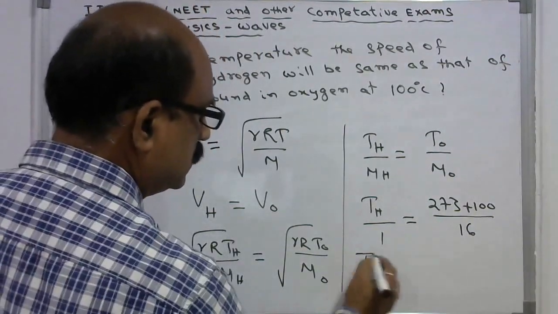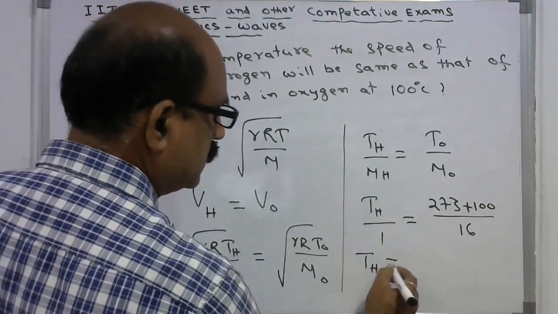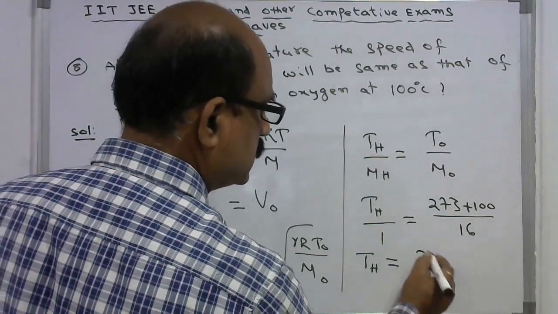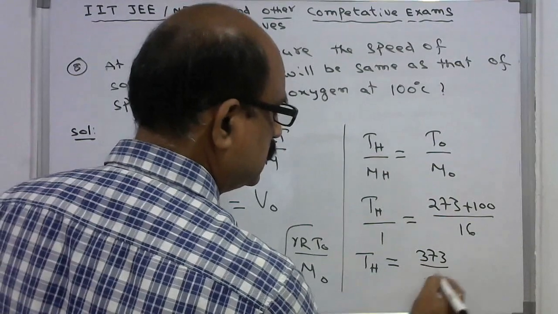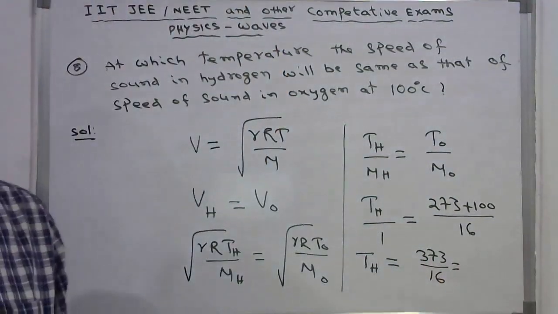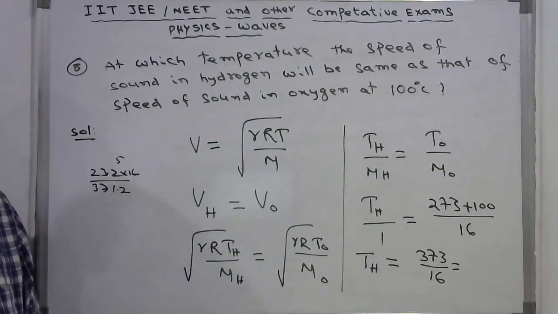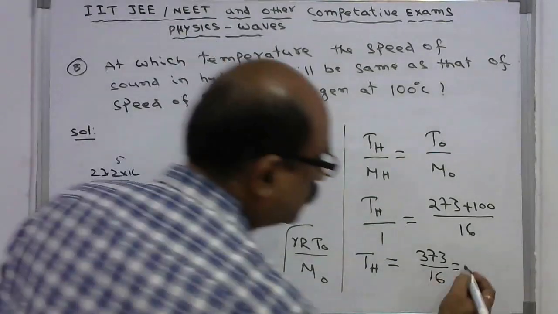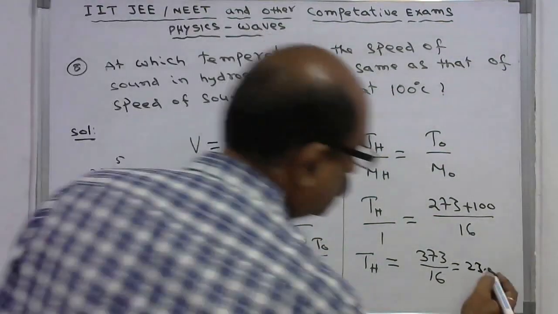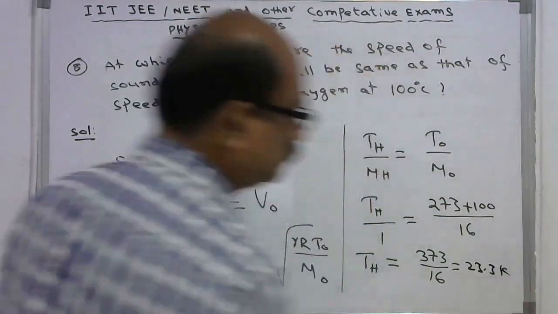So temperature of hydrogen is equal to 373 by 16, that is 23.3 Kelvin.